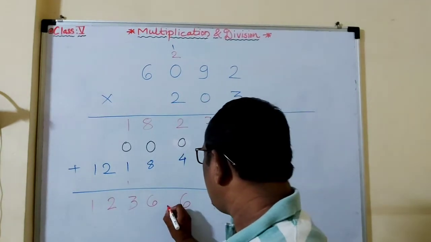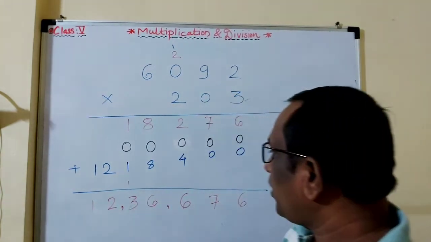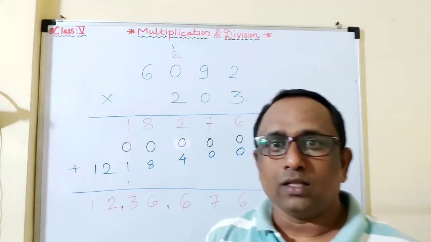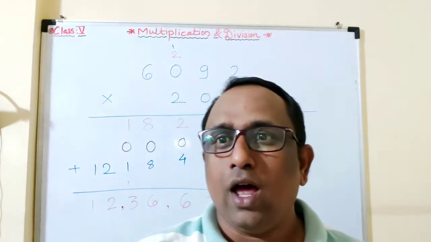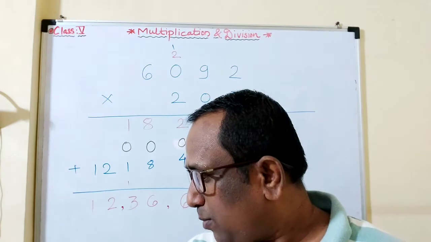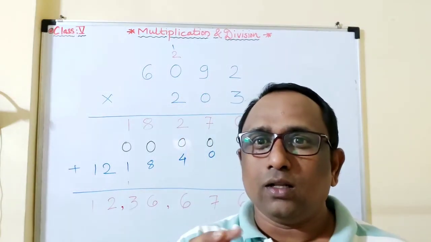I'll give the comma. So our answer is 12,36,676. Okay, students. Now we are going to solve problem from this problem set number 14, the word problem.